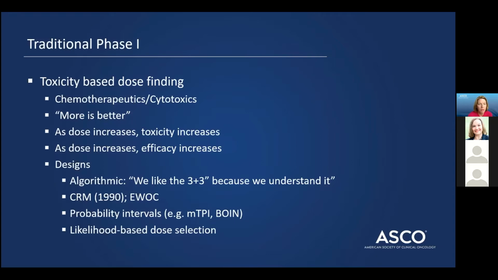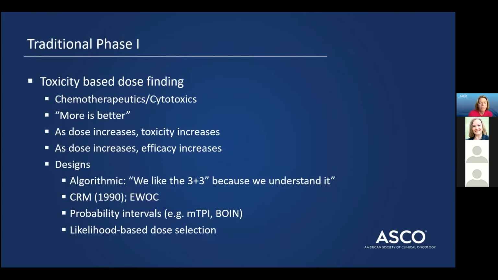It was developed in the era of chemotherapeutics and cytotoxics, with the idea that the more drug a patient can tolerate, the better in terms of having an impact on the cancer. And there's an assumption made that as dose increases, toxicity increases, but also as dose increases, efficacy increases. And those have been the 2 main assumptions that have gone into statistical design assumptions about phase 1 dose finding designs.